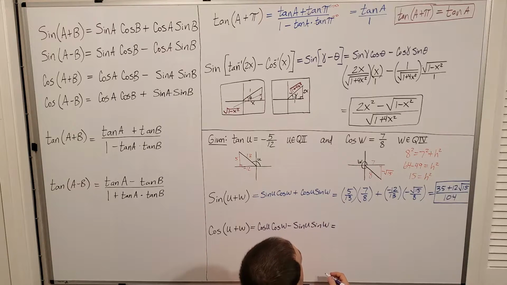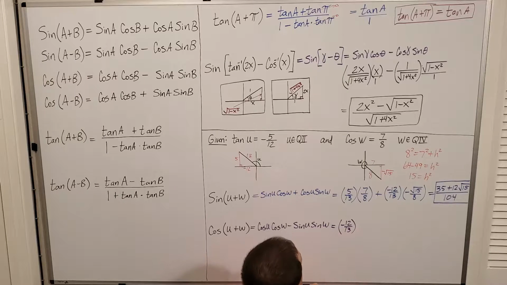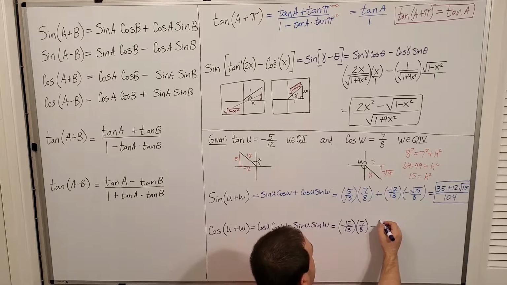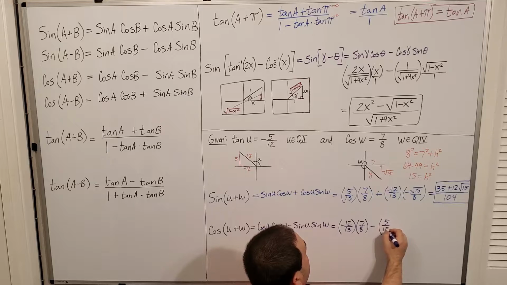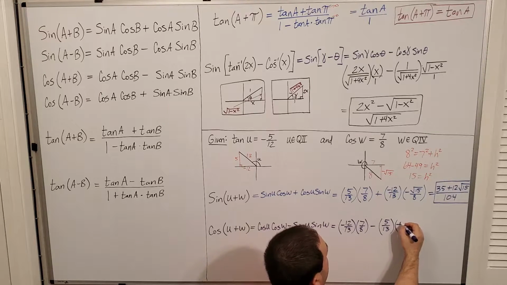Cosine of u is the negative 12 over 13. Cosine of w is 7/8. Minus sine of u, 5/13. Sine of w, negative square root of 15/8.